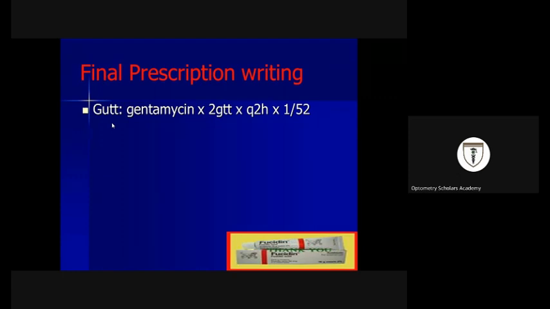No. So you see gtt here is a drop, then this is the generic name gentamicin, then this 2 gtt means 2 drops, then Q2H means every 2 hours, then times 1/52 means for 1 week. So this means gentamicin eye drop, 2 drops every 2 hours for 1 week. Very simple, isn't it? Is it simple or not?